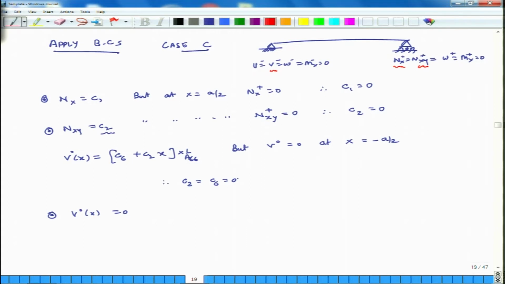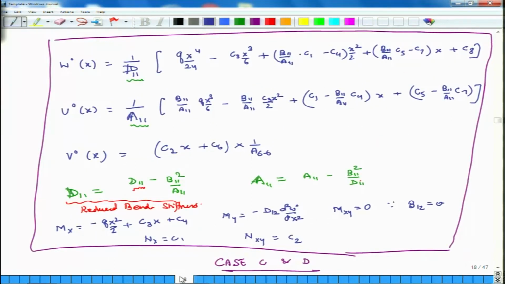The next boundary condition we will apply will be on M. So, we know that Mx is equal to minus Qx square over 2 plus C3x plus C4.